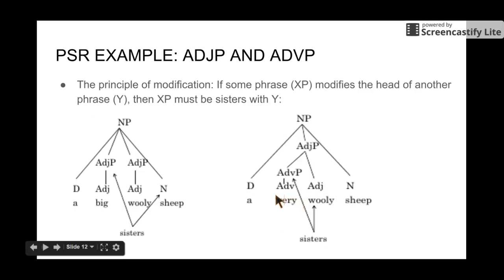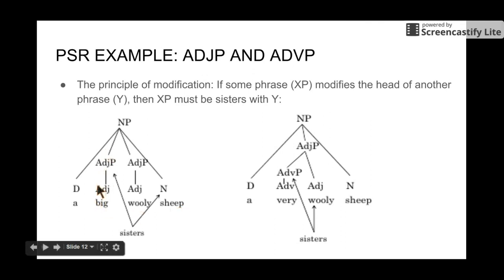So here is the rule, the principle of modification. If some phrase modifies the head of another phrase, for example Y, then the modifying phrase, the modifier XP, must be sister with Y. Okay, so big is the modifier, and it is going to modify sheep, right?